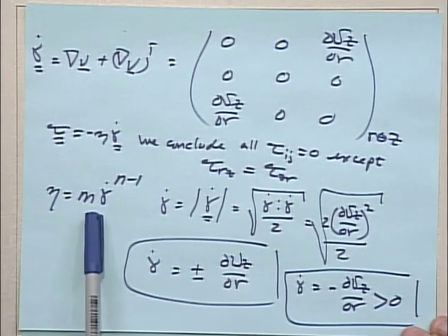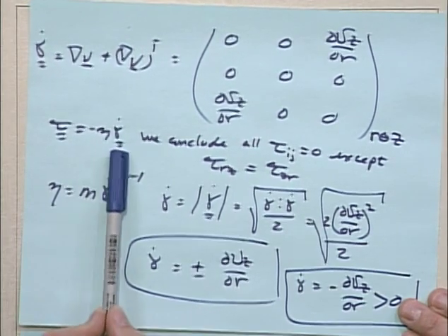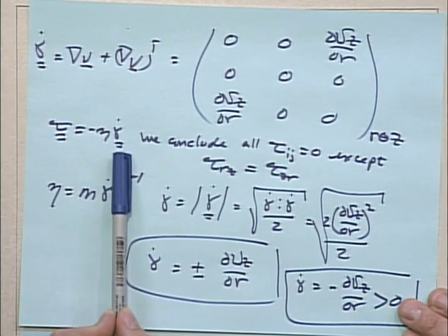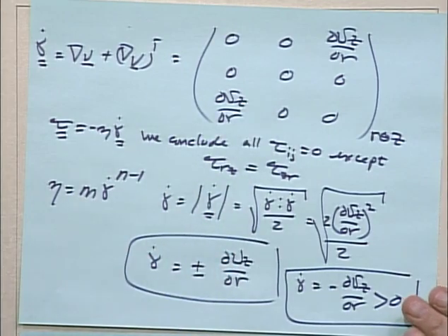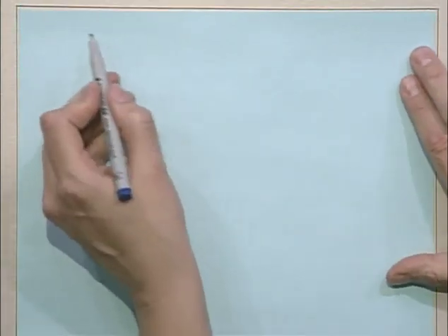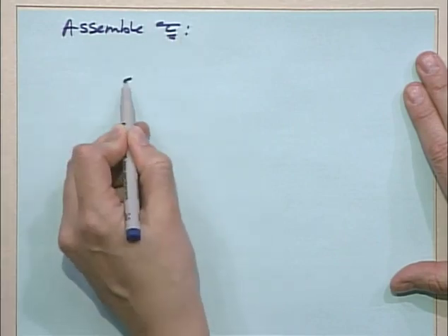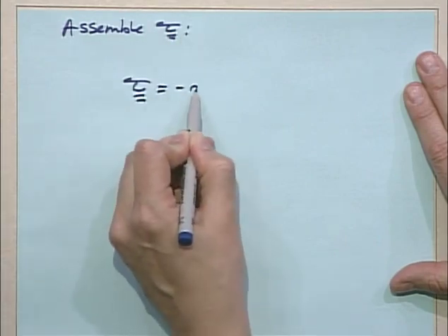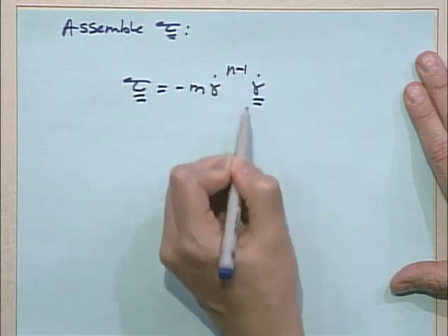Let's see how it fits together. We now have gamma dot. We can put it in here, m gamma dot to the n minus 1. We can put this eta into the constitutive equation, and we can put in this gamma dot. So we can assemble all these pieces into the final constitutive equation. So let's do that assembly. So tau equals minus m gamma dot to the n minus 1 times gamma dot the tensor.